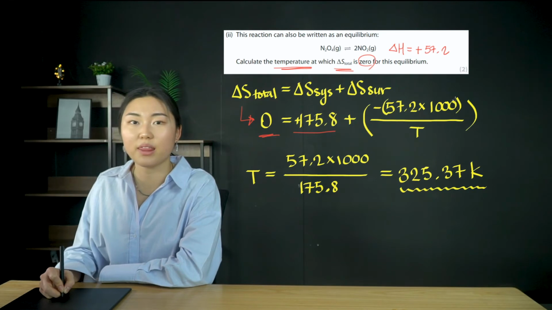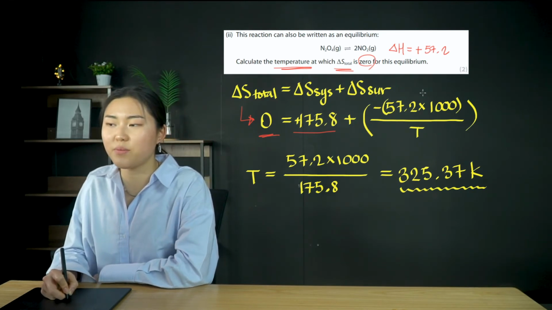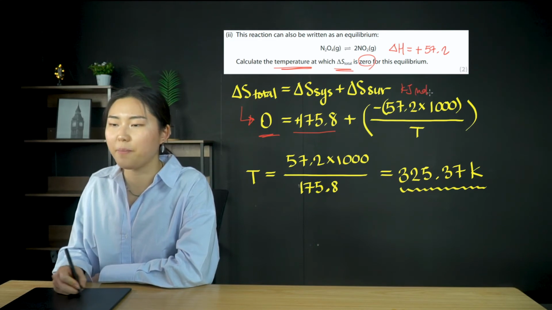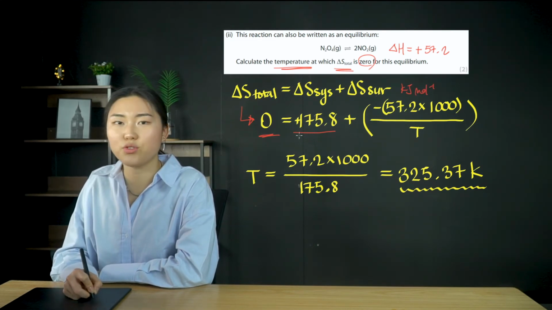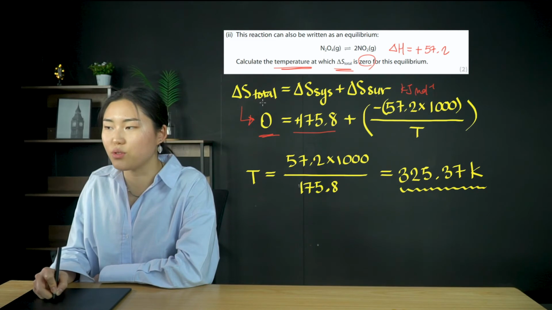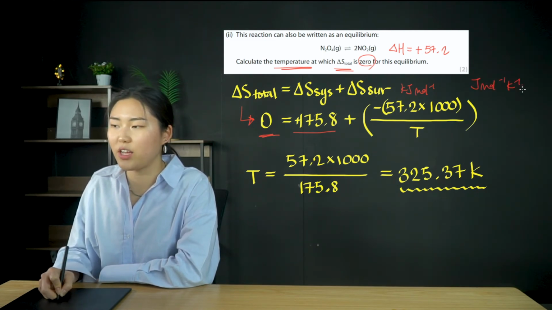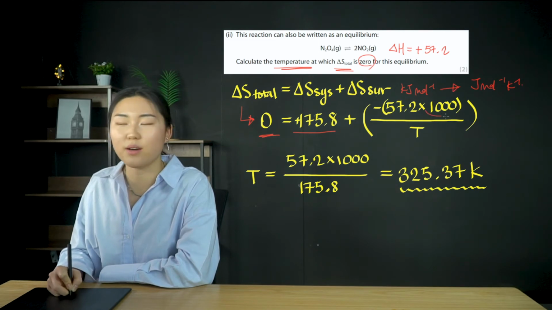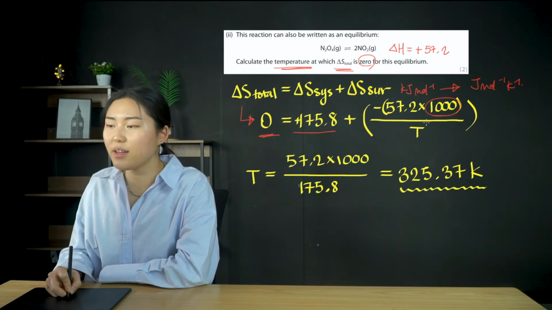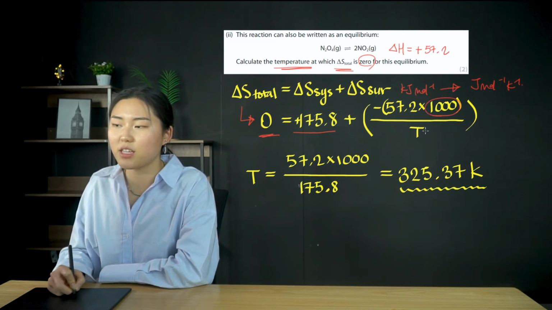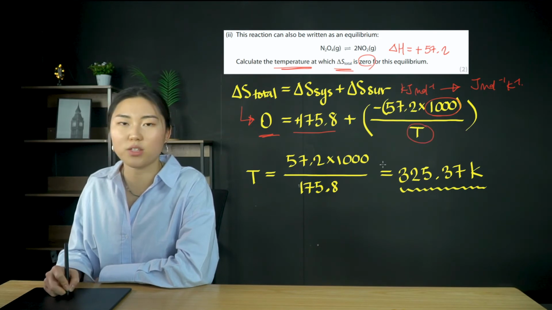We need to times it by 1,000 because the 57.2 is in kilojoules per mole, whereas the delta S entropy values are in joules per mole per Kelvin, right? So we need to change that. That's why we times by 1,000. And we have to divide that by the temperature, which in this case we want to get, right?